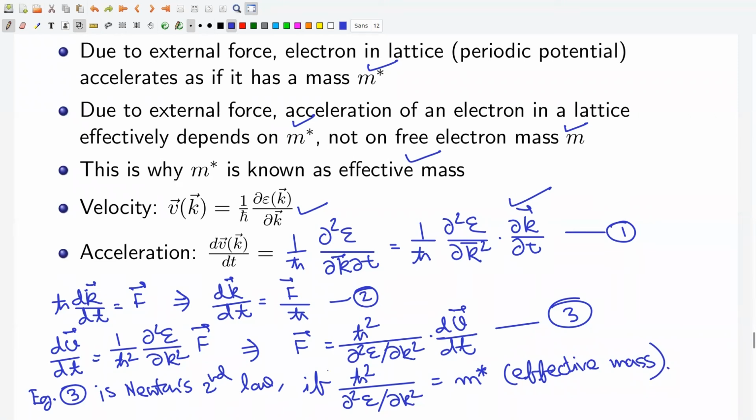So effective mass is related to the curvature of the E(k) curve. If the curvature is negative, as in case of Bloch electrons near the band maximum, the effective mass of an electron can even be negative in a periodic potential.